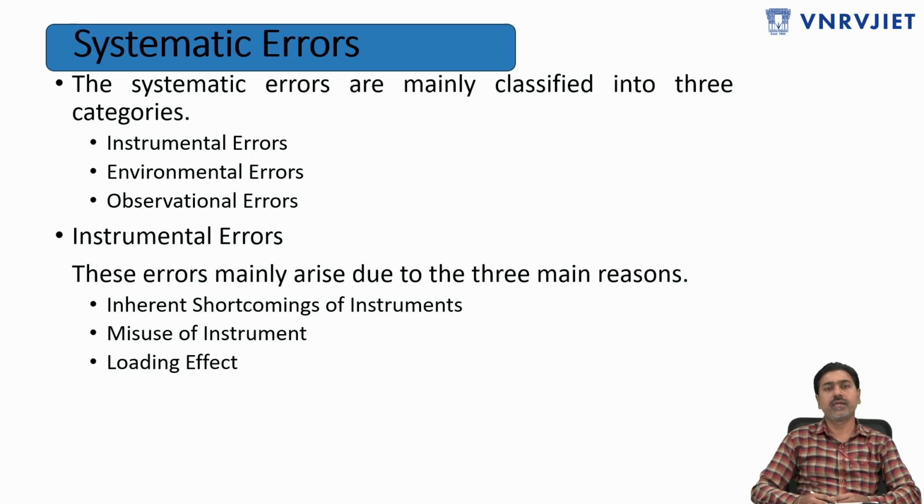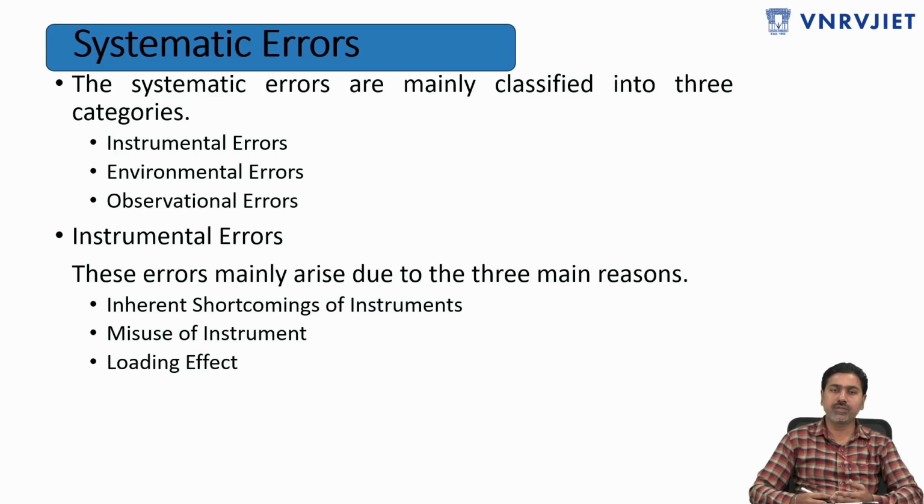And next type of error is the systematic errors. This I have already shown in the tree structure. The systematic errors are further classified into instrumental errors, environmental errors, and observational errors. The instrumental errors are basically due to the inherent shortcomings of the instrument, because of manufacturing defects or a variety of shortcomings. Sudden changes happening in the instrument while it is measuring the values will cause it.